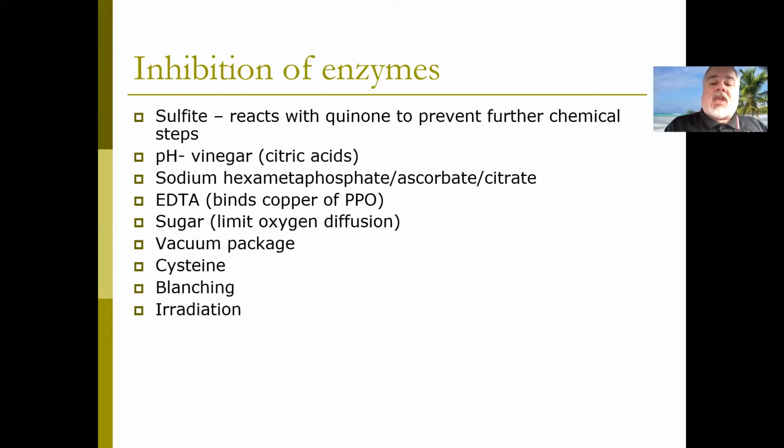It's used to keep the nice orange color of dried apricots and other fruits that are dried. pH, such as vinegar and citric acids, can be used to inhibit enzymes. EDTA is a preservative that binds to the copper, making the mineral copper unavailable to function properly with the enzyme.